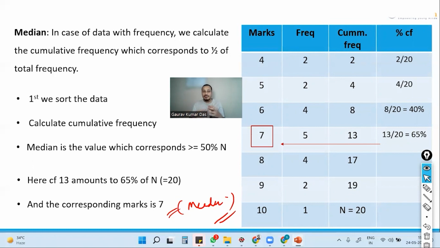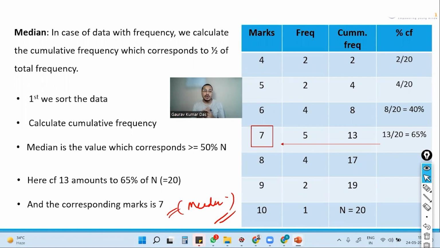If you look at the basic difference between median and mean, mean was frequency multiplied by x1 plus frequency multiplied by x2 and so on. So it takes the magnitude into account when you talk about mean. When you talk about median, it is not about the magnitude. It's more about the position, the middle value, the middle position.